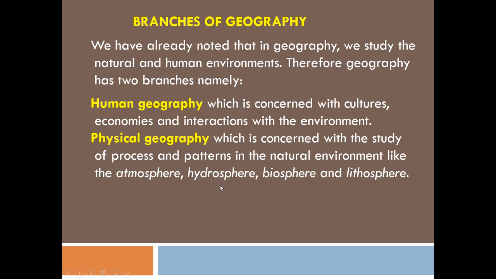So the water bodies around us. Some of you are near swamps, some are near ponds, some are near rivers, others are near lakes. Some of you live on the shores of the lakes, some are along the coast near the shores of oceans and seas. So all those water bodies constitute what we call the hydrosphere.